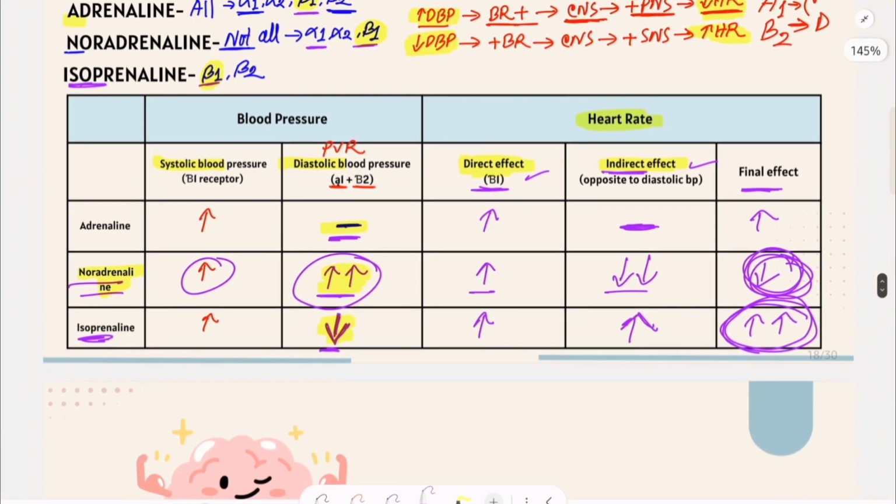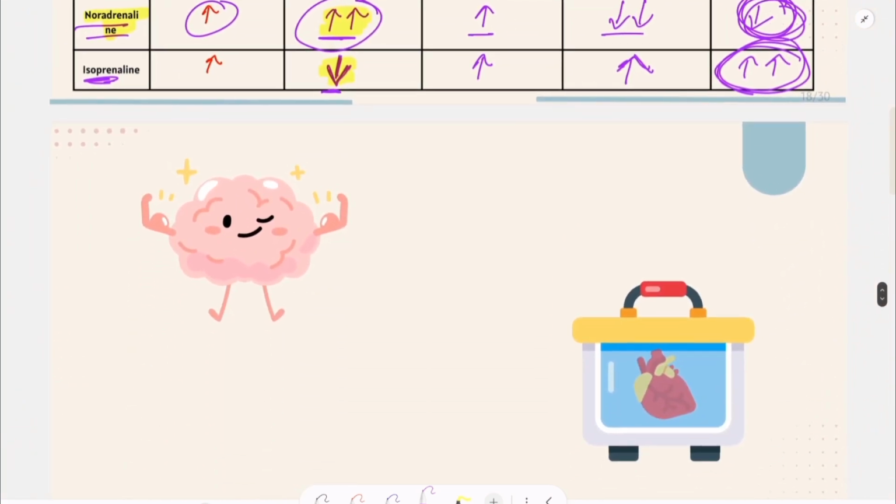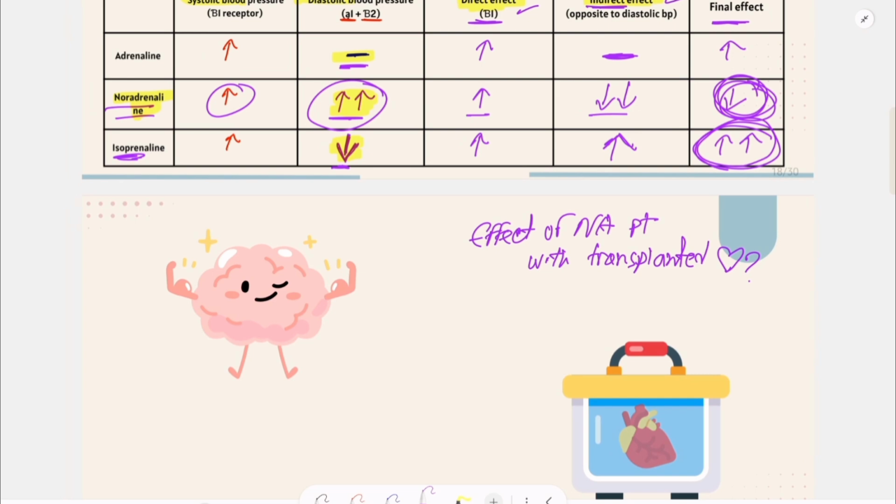Now, the next question, which is slightly difficult. What is the effect of noradrenaline in a patient with a transplanted heart? A normal heart and a transplanted heart are very similar. Both contain beta 1 receptors.